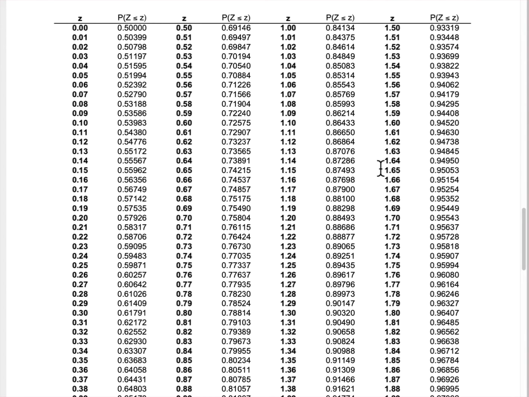We're going to get that by interpolating between these two values, based on the fact that the left-tailed probability that we want is almost right smack dab in the middle of those two values. And so, as it turns out, the z-value that we're after would be 1.645, right in the middle between 1.64 and 1.65.